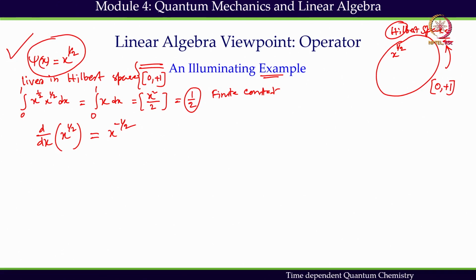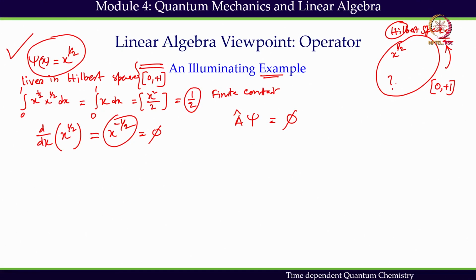What I see is, now I have got another wave function. So, an operator acting on a wave function gives me another wave function, and I have to check whether this new wave function, which we now call phi, also lives in the same Hilbert space or not.